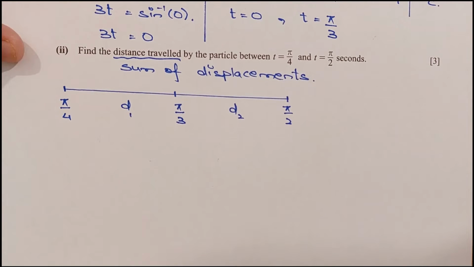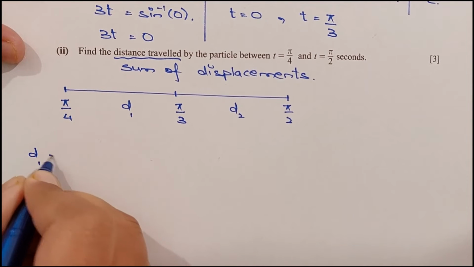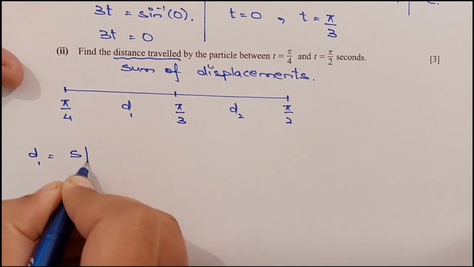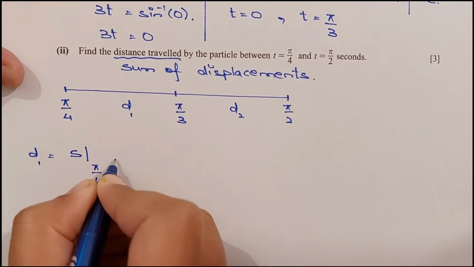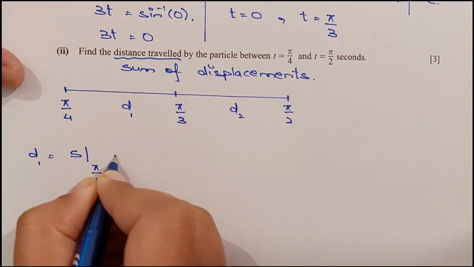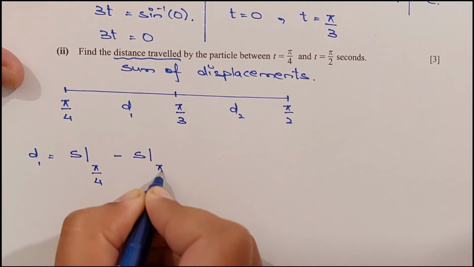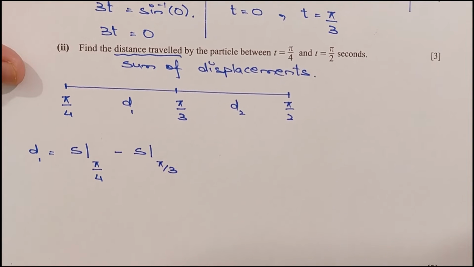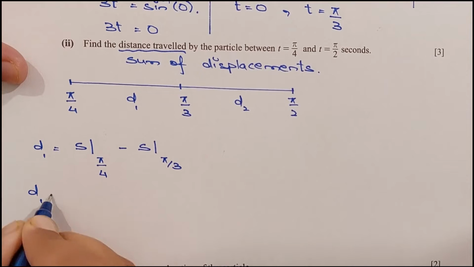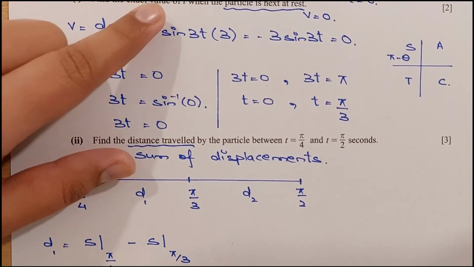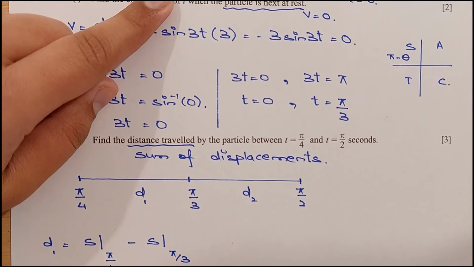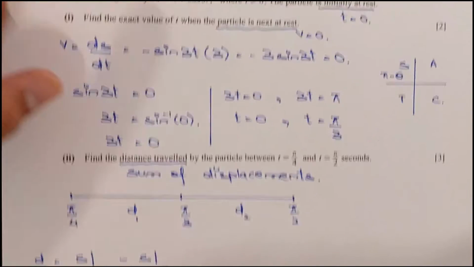So we need to find the displacement d1 and then d2, and then sum both of them to find the distance traveled. For d1, we find the displacement at pi by 4 minus the displacement at pi by 3. Right, this is your d1. What is the displacement? We have 4 plus cos 3t.